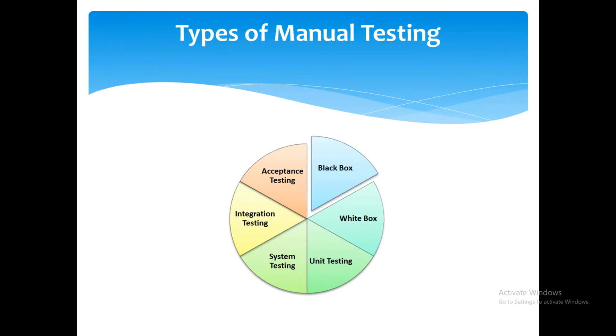Unit testing, also known as component testing, is carried out to verify whether a particular module or unit of the code is working properly. It is performed by the developers in their environment.